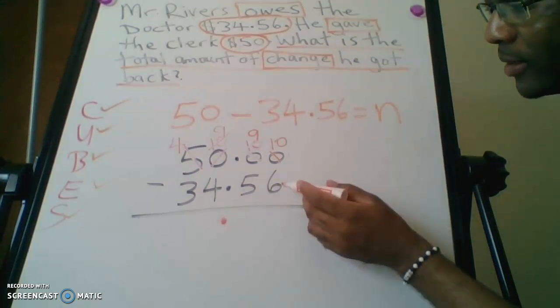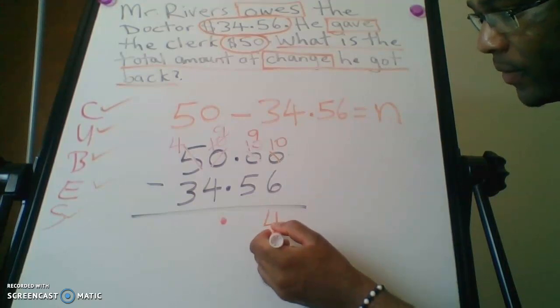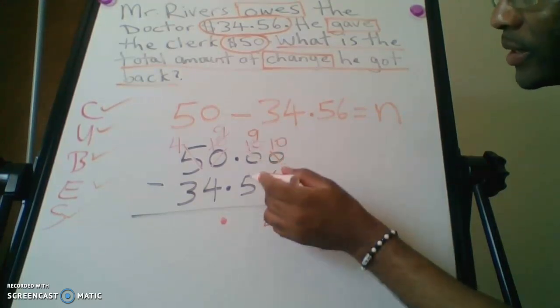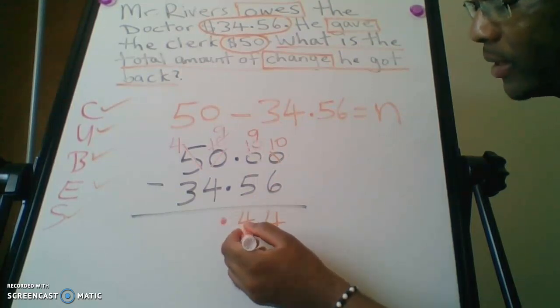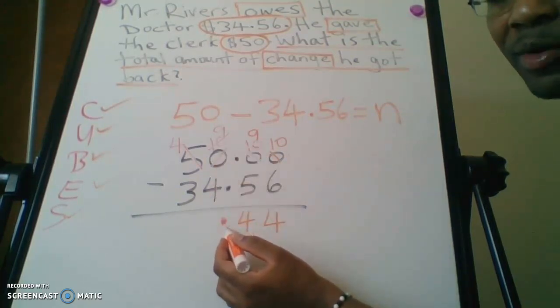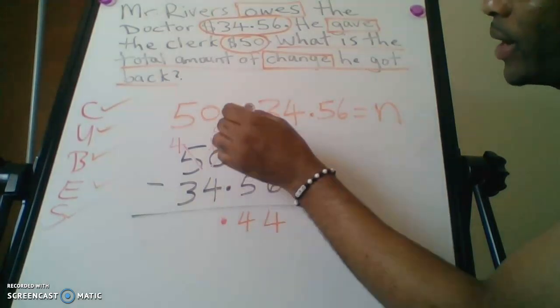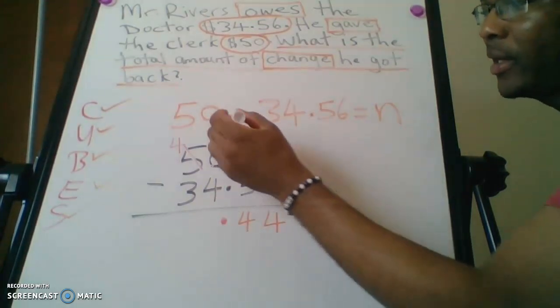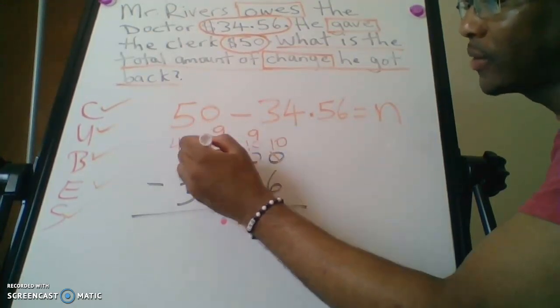Now 10 take away 6 is 4. Now I have 9 up here, take away 5 is 4 again. I already put my decimal point here because I lined them up really nicely. You have to line them up. Now I have 9 up here. I have 10 here and I cross it out.